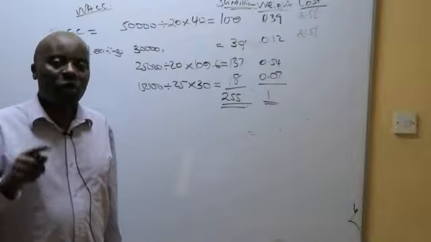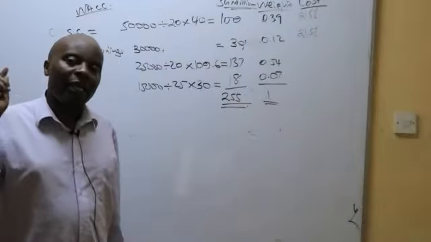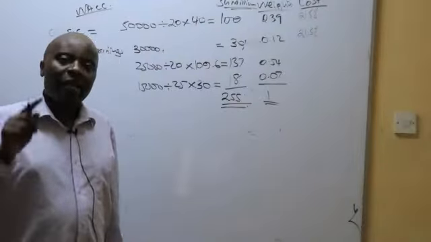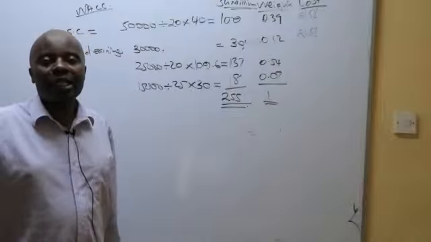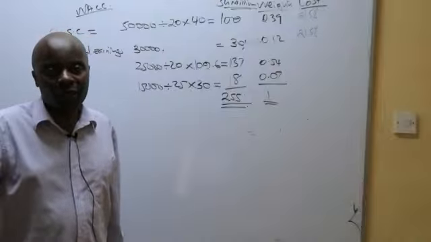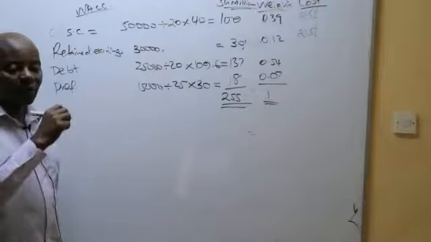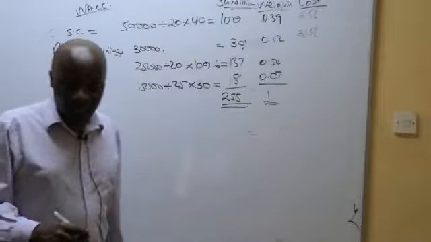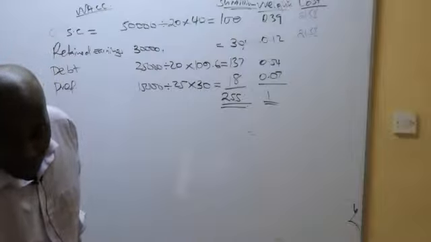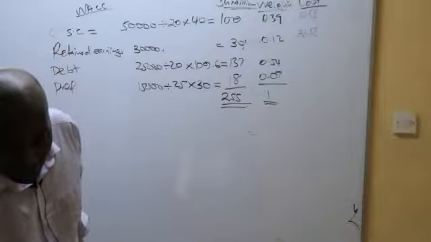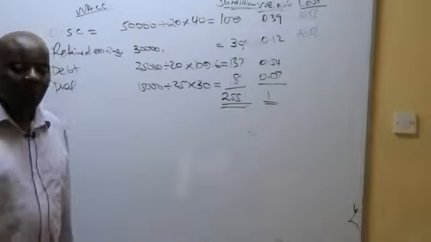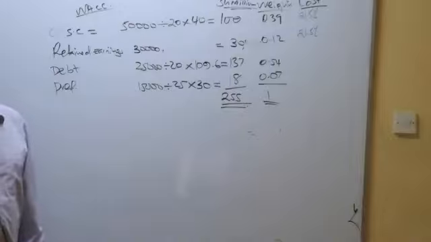If flotation cost was there, the cost of equity ordinary shares would have been different from the cost of retained earnings, because ordinary shares would have taken the flotation into consideration.